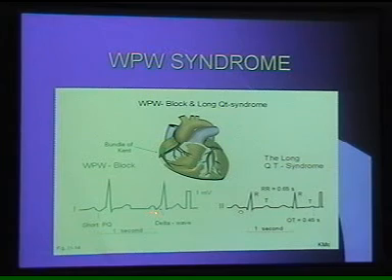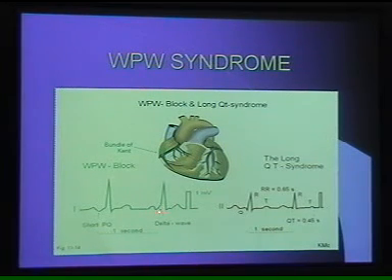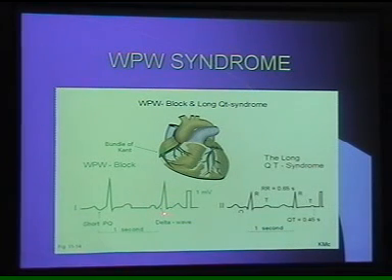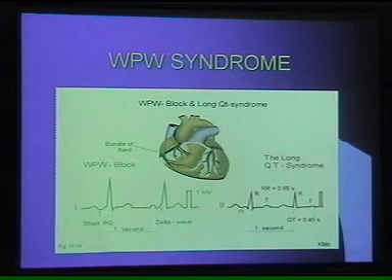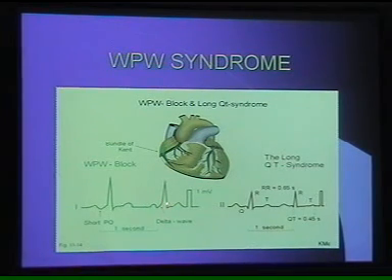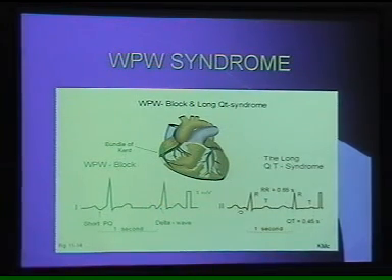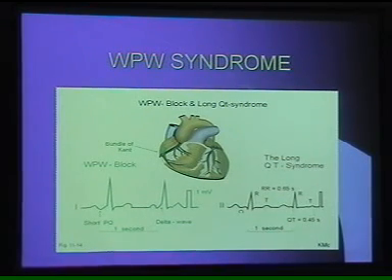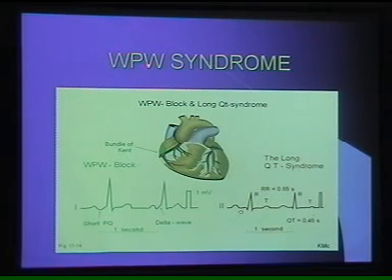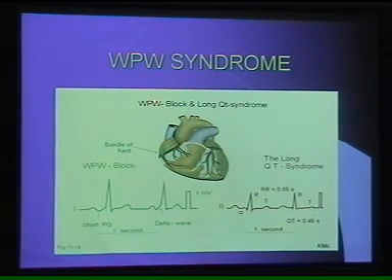That's the P. There is hardly any PR interval, and there is the delta wave and the R wave. So a short PR interval followed by an extra slanting wave before the QRS complex, and the history of palpitations and cardiac arrhythmias suggests the presence of Wolff-Parkinson-White syndrome.